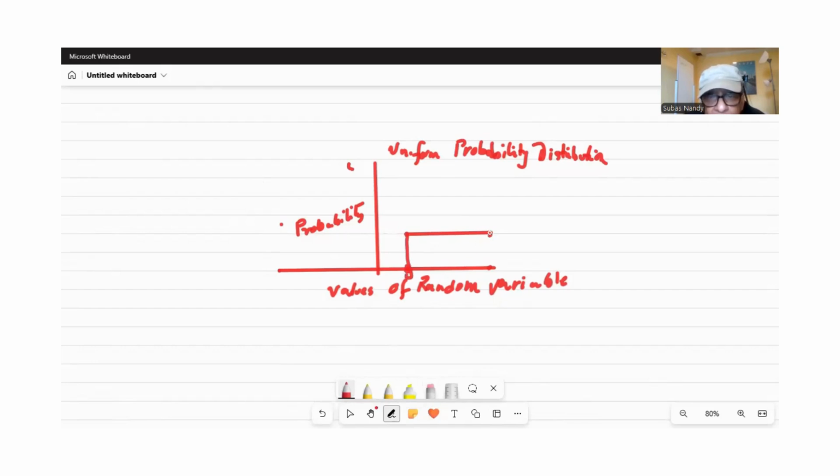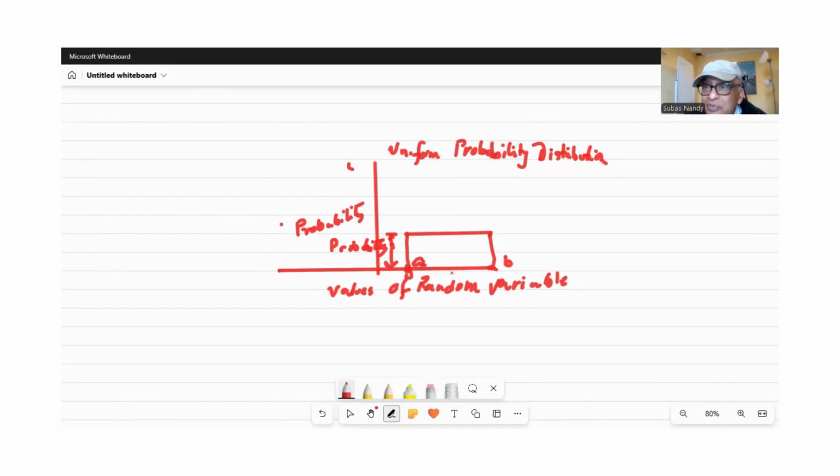Notice between A, the value of the random variable on the left-hand side, to B, the value of the random variable on the right-hand side, the probability is constant. This vertical axis is your probability, remember? That is constant. So that is why this is called a uniform probability distribution. Between the values of the random variable A and B, relative frequency or probability remains constant.